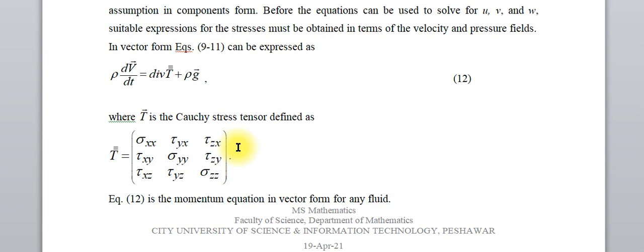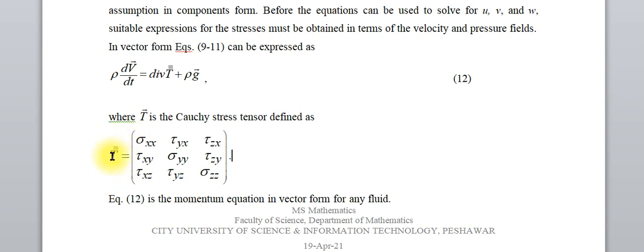So this may be for any fluid. When the fluid is moving, this is the momentum equation, and this can be specified for a special fluid like the Navier-Stokes equation or for the Newtonian fluid. For the second grade fluid, it will have some other shape.